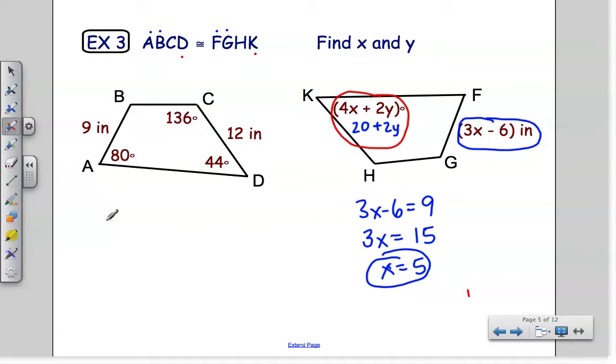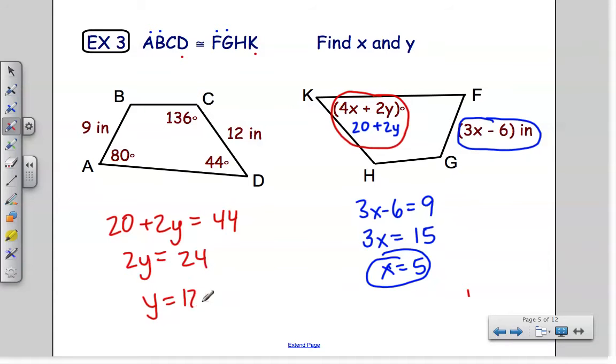So now I know that angle K, which was 20 plus 2y, has to equal 44 degrees. Those angles were congruent. Solve for y, subtract 20. 2y equals 24. Divide by 2, and y equals 12. And we're good to go.